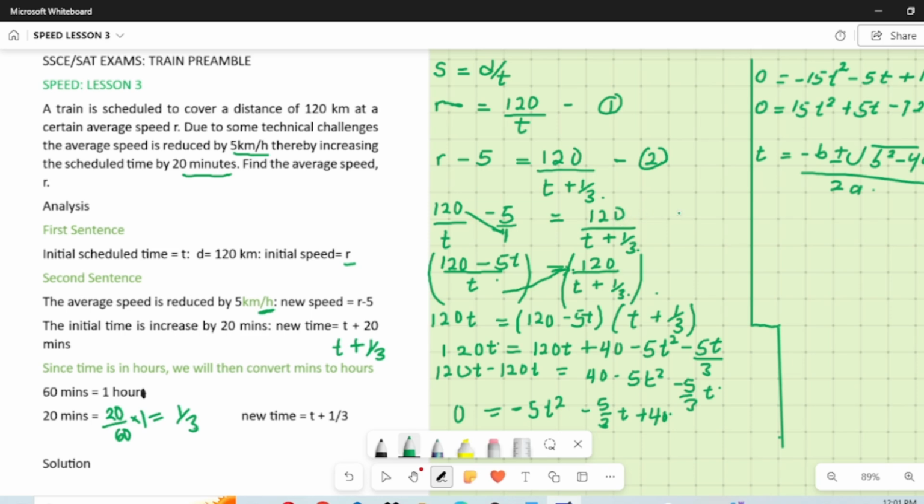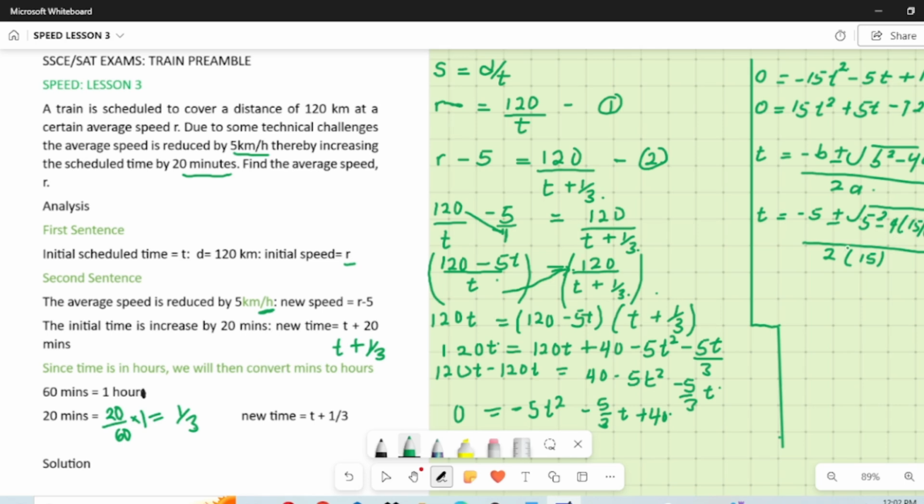So our t is equal to minus 5 plus or minus root of 5 squared minus 4 multiplied by 15 multiplied by 120, and we divide by 2 multiplied by 15.